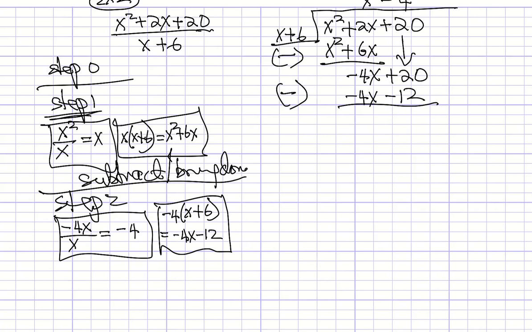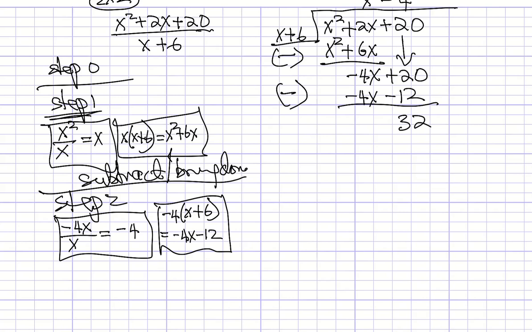When you subtract, what happens? The 4x on the bottom becomes positive, so that one cancels out, and then 12 turns into positive. So what you have there is positive 32. That's the remainder. I believe we made a mistake somewhere.